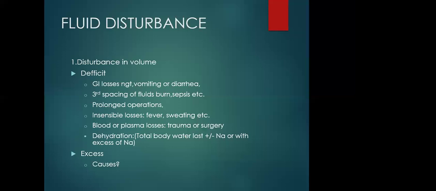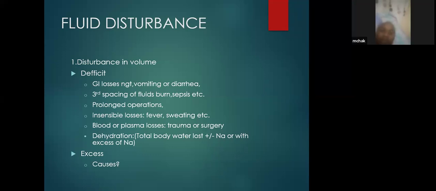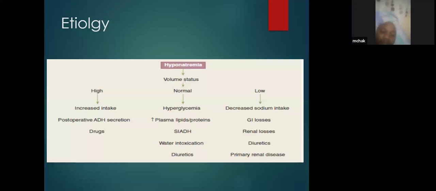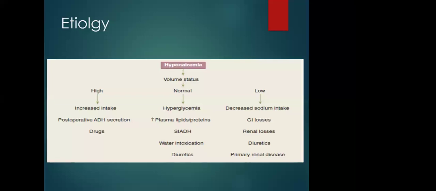You also have disorders of fluid excess with also a number of causes. Now, the first disorder here is hyponatremia, and hyponatremia is the most common, and it can occur from a number of causes. You can have a patient with intestinal fistulas, like biliary, duodenal, gastric, or pancreatic.